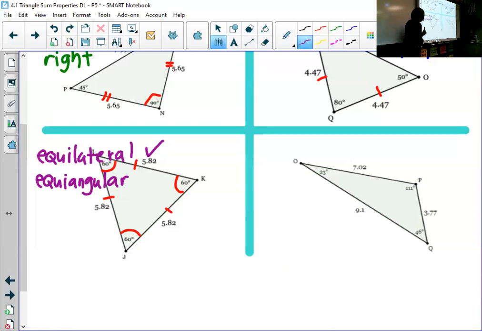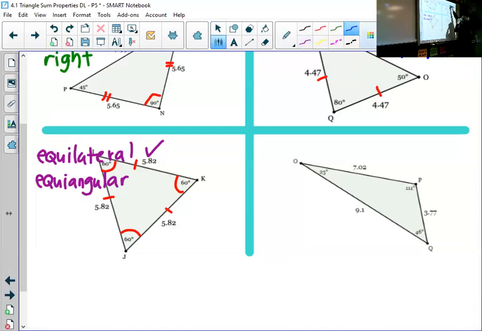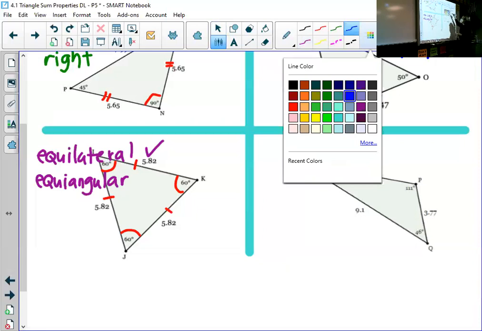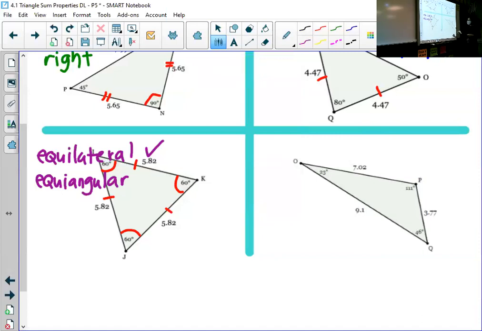All right, and then finally on the last triangle, show me with your fingers how many sides are congruent. 0, 1, 2, or 3. Very good, 0. So if it's 0, what did we call it? Yes, so none of them are the same.